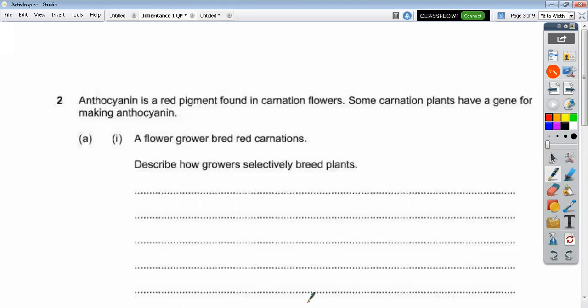Now, before we continue, we talked about inheritance. We're also supposed to talk about, okay, we'll just take about 10 minutes, variation and selection.